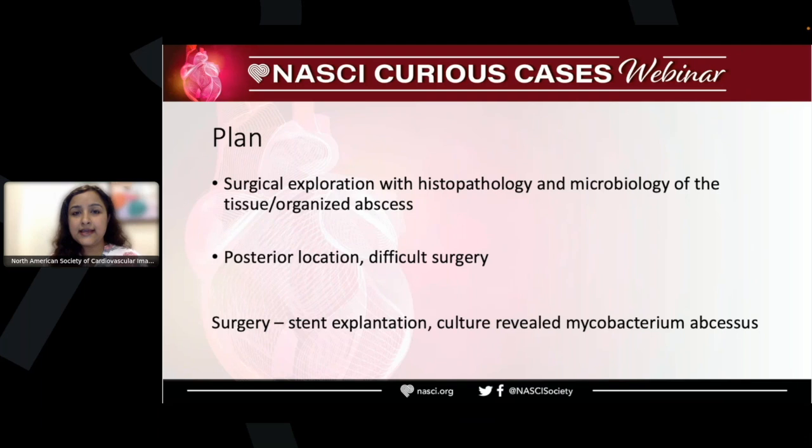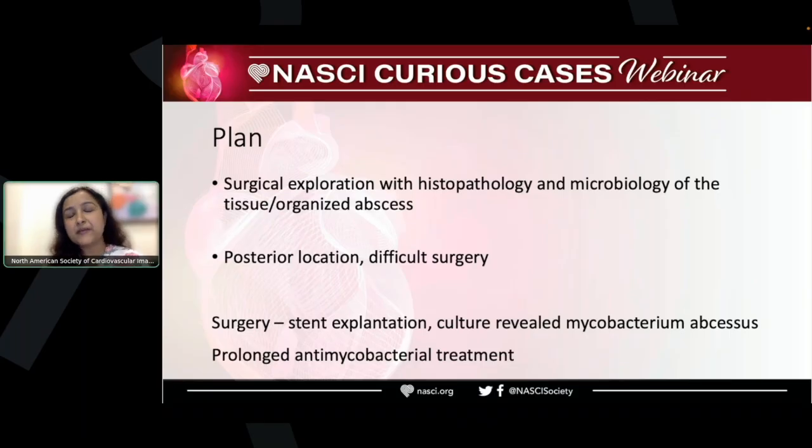The culture of the tissue that was taken out revealed Mycobacterium abscessus, a non-tubercular mycobacteria. So the diagnosis of chronic persistent infection caused by an indolent infection like atypical mycobacteria was confirmed on the surgical or histopathological findings.